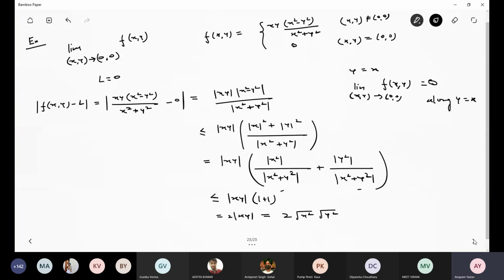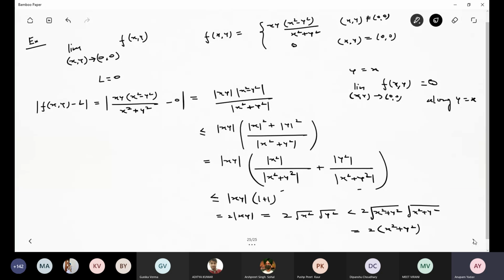Okay, and then this is less than 2 times, add y square in the first square root and in the second square root add x square plus y square. So this is equal to 2 times x square plus y square.